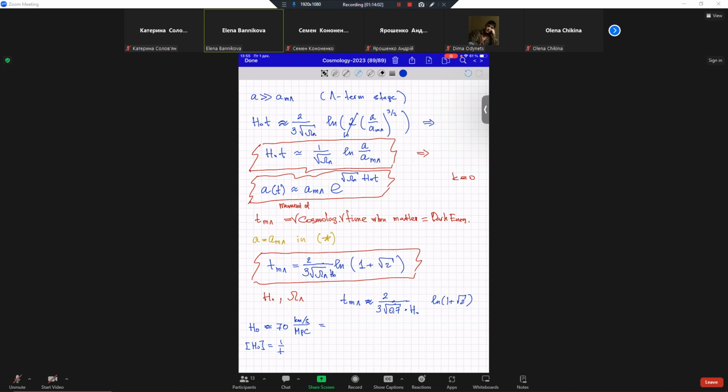Otherwise, if we put it like this, it will be not just 70. It should be 2 multiply 8 minus 18 seconds.